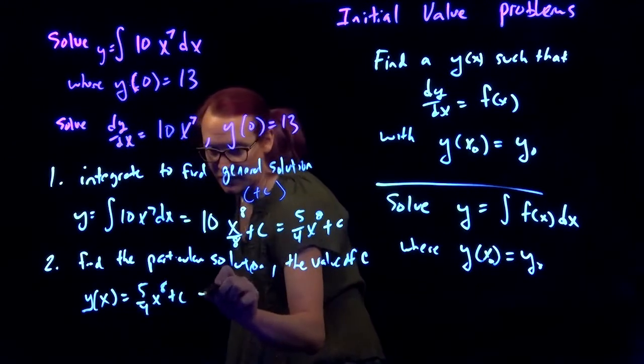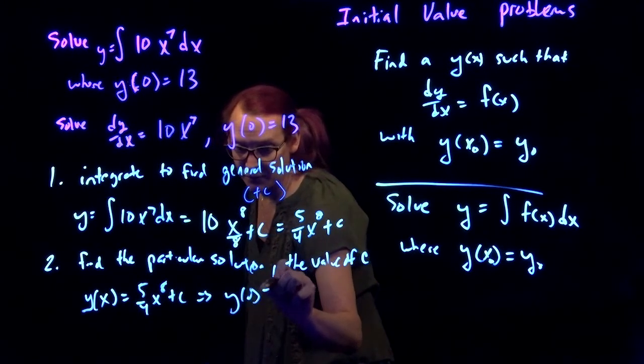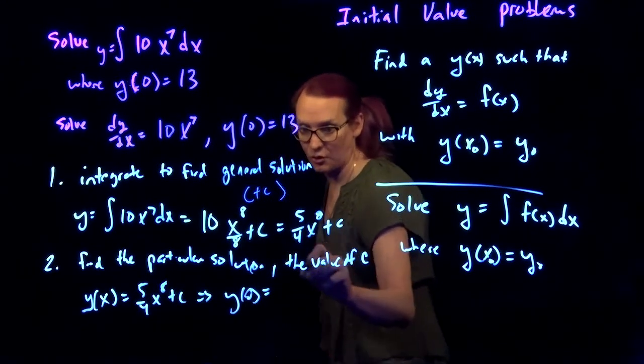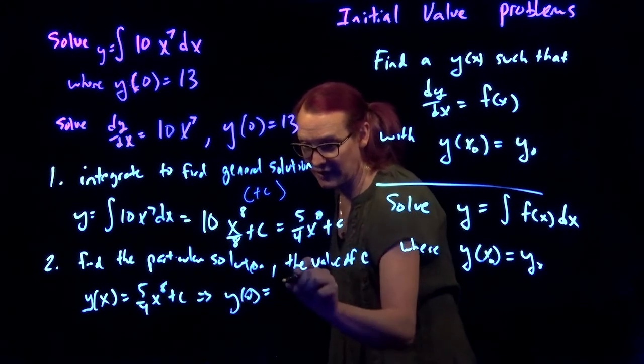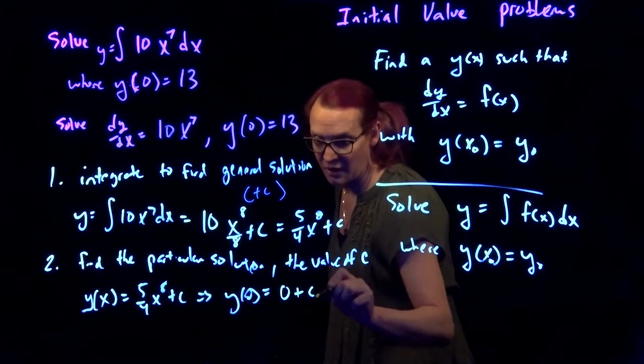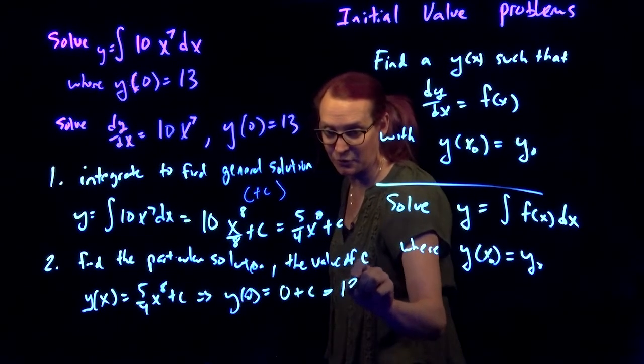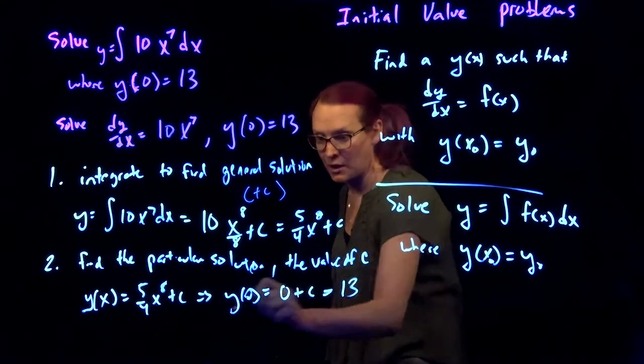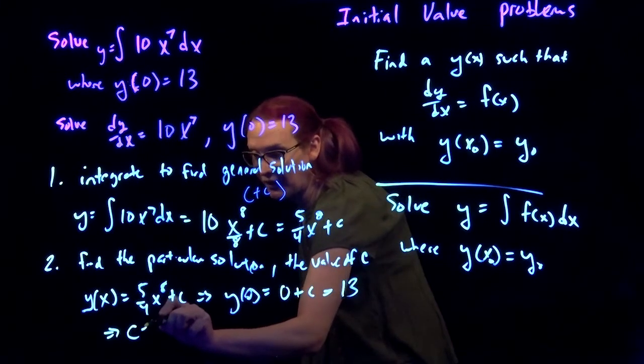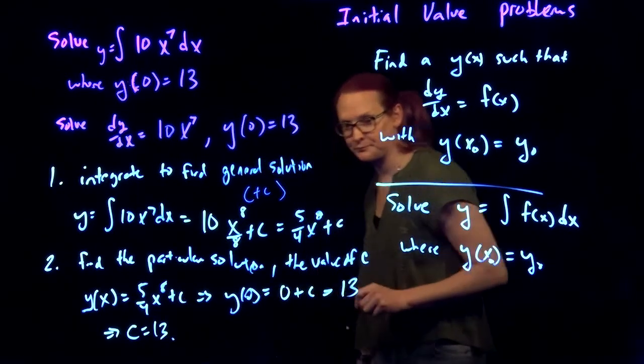Well, that means that y of 0 is equal to 5/4 of x to the 8, which is 0 when x is 0, plus c. But I also know that that has to be equal to 13, which implies that c equals 13.